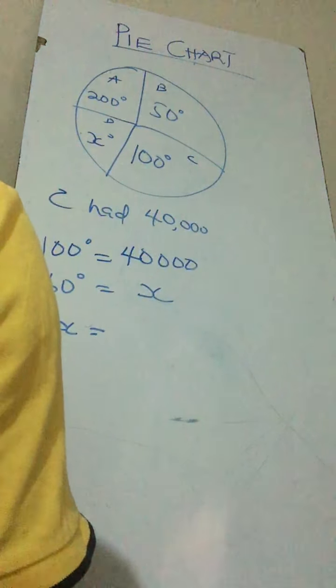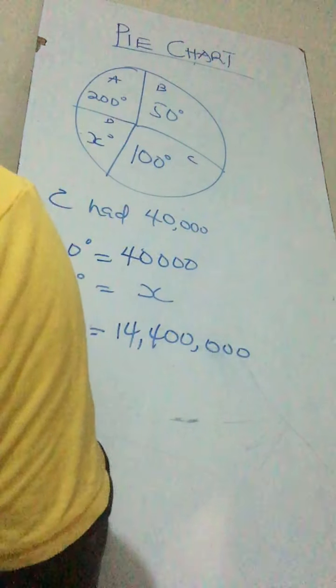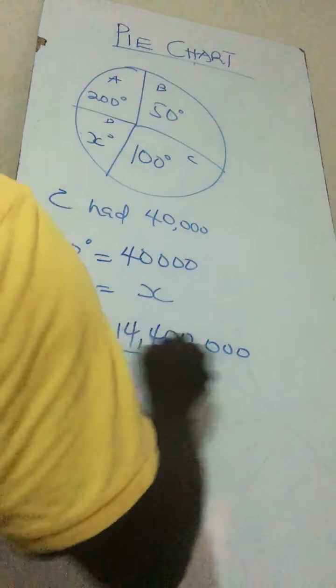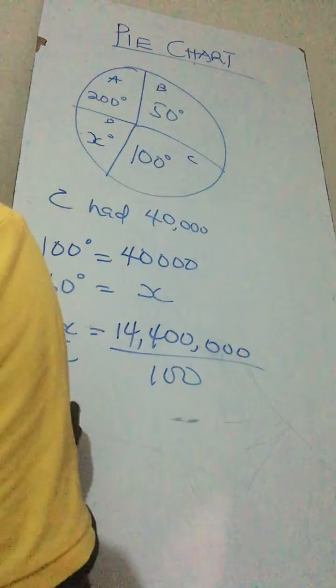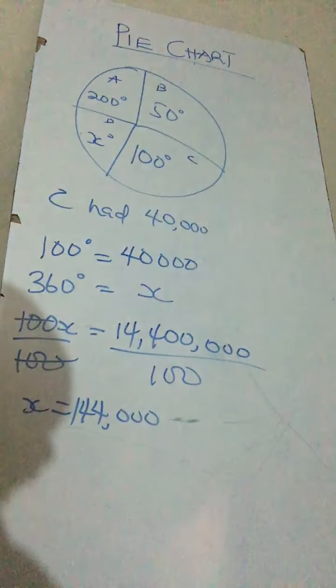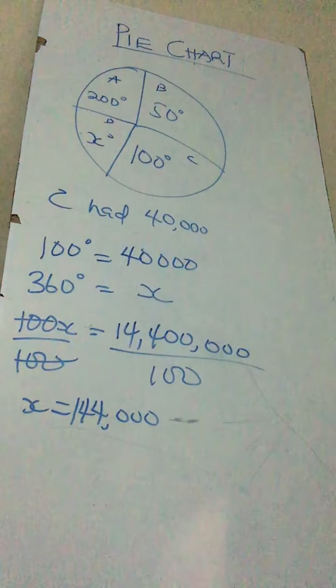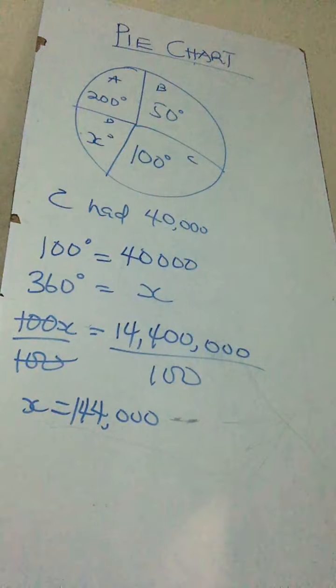Then you divide both sides by 100, and you get x to be 144,000. So the total money that was shared was 144,000.